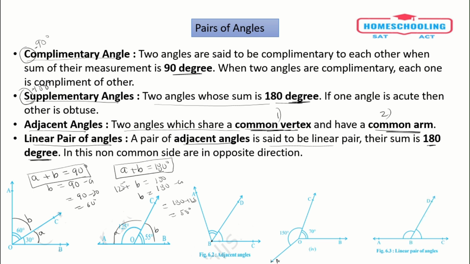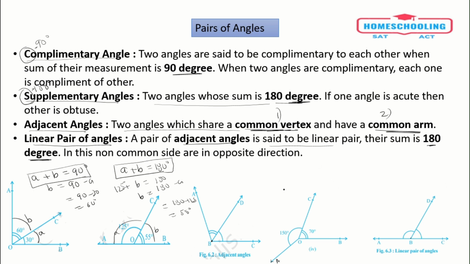For an adjacent angle, we need a common vertex, that is B, and a common arm, BD, and the sum of both the angles should be 180 degrees. So as we can see, the sum of both the angles is 180 degrees.